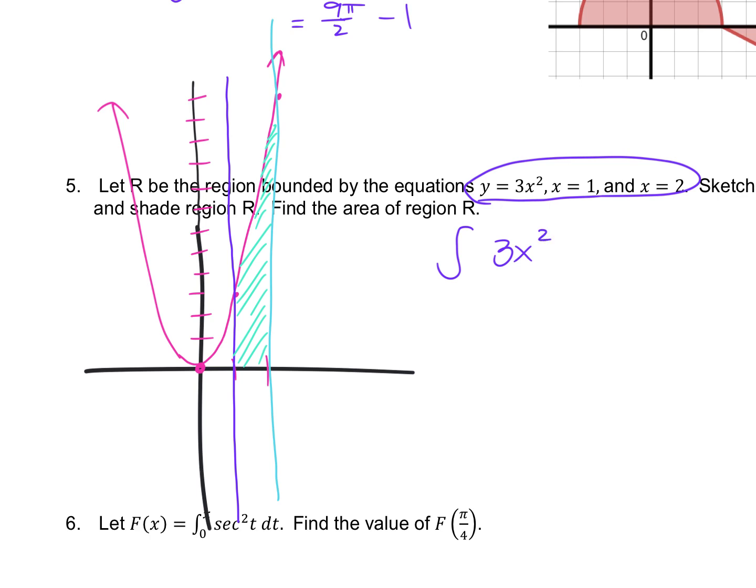It's specifically 3x squared between where and where? 1 and 2. Now this is something that we know how to do. We know how to integrate 3x squared. Right? What is the integral of 3x squared? X cubed. And we're evaluating it from? 1 to 2. Yes. Take a minute and finish that one out.